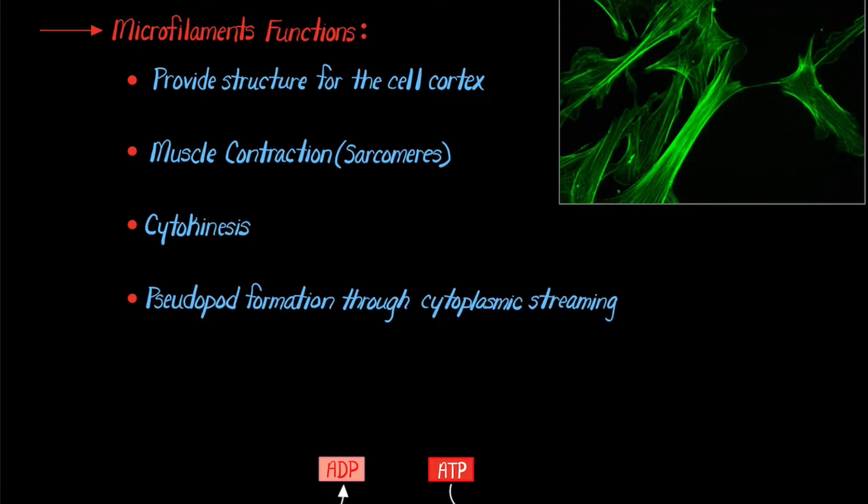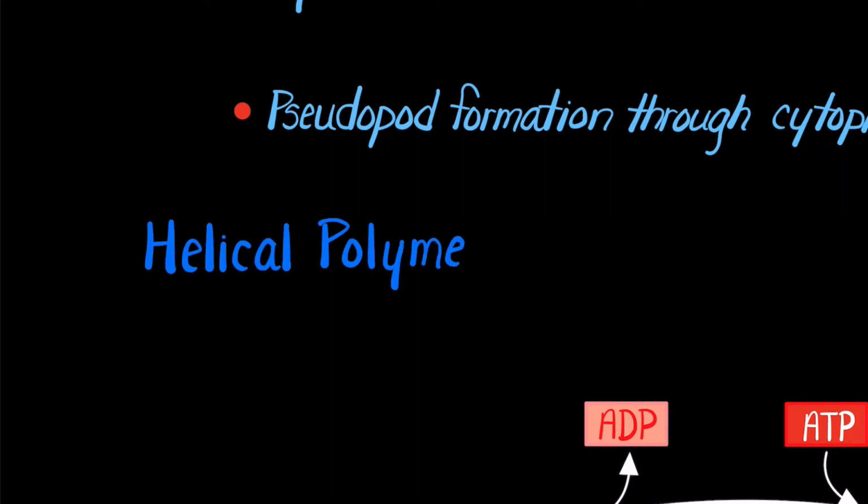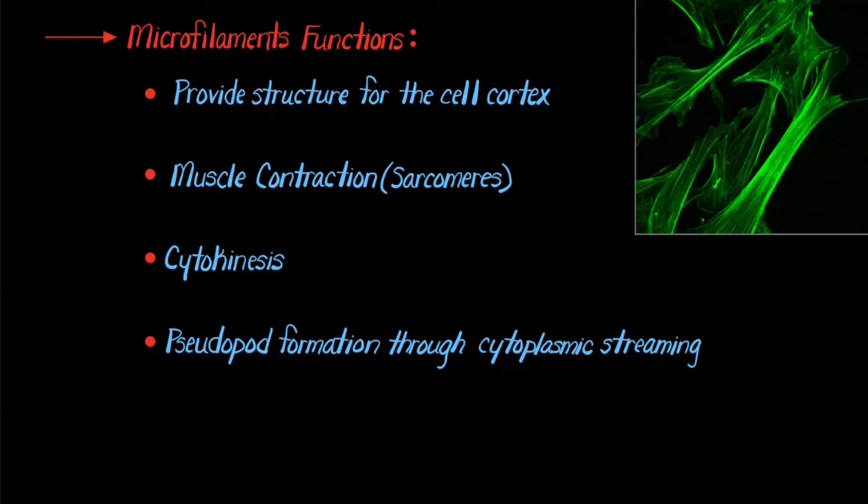And lastly, microfilaments or actin filaments. These actin filaments are helical polymers of globular actin monomers. Actin filaments are the most flexible of the cytoskeletal elements, and they're usually found in bundles or networks.